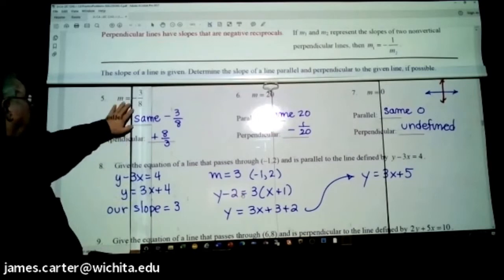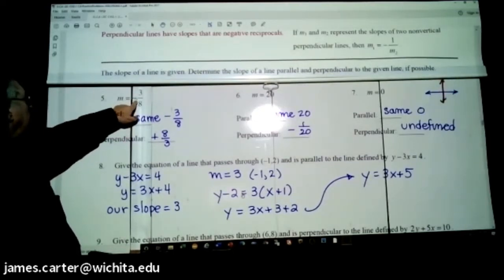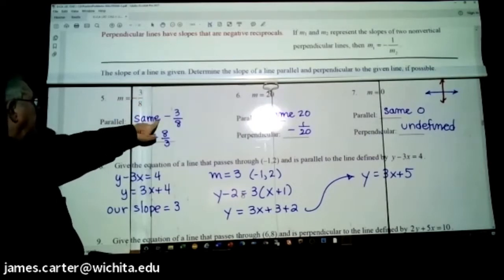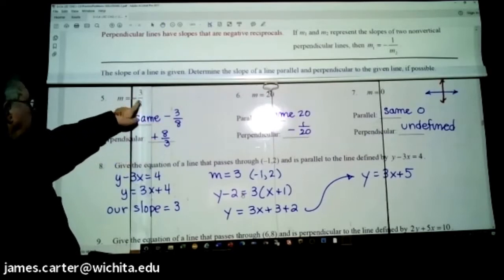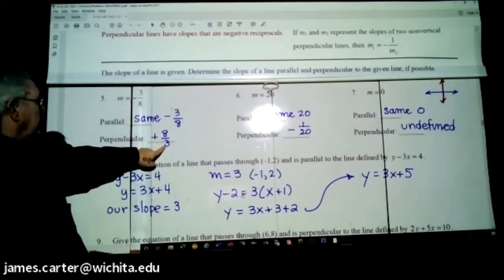Okay, in these first problems, it just asks you to give the slope of a line parallel and perpendicular. So if you're starting with -3/8, parallel will be the same, perpendicular will be opposite of sign, reciprocal.